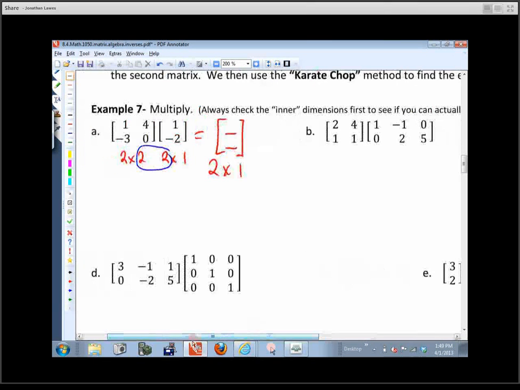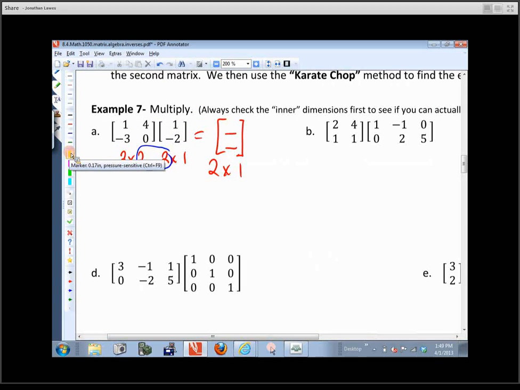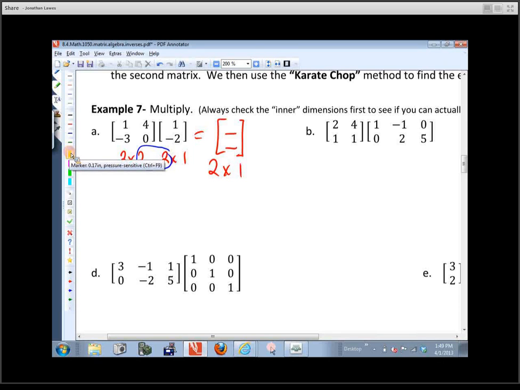Any questions? Yeah, how do we find this? I'm going to show you. Thank you for asking. Okay, so here's the karate chop method. What I would normally do is say we're going to karate chop the first row with the first column. What position is this? First row, first column, right?